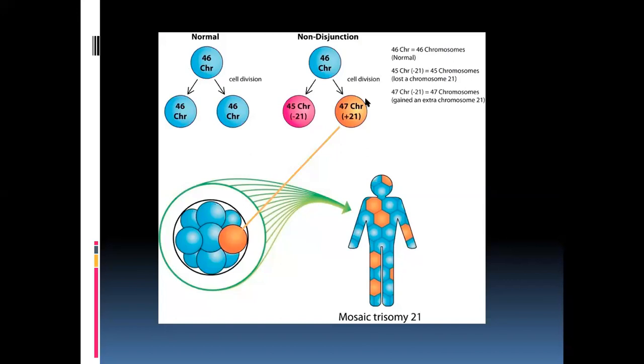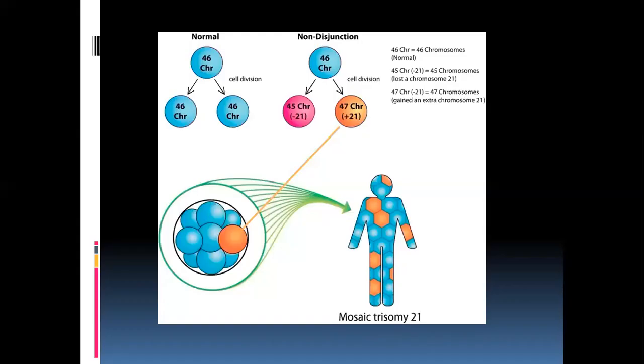Then if this cell is growing, multiple cells come out of each cell, and there can be an extra number of chromosomes. This is called mosaic trisomy. Trisomy 21 means the 21st chromosome, we have 3 instead of 2, right?